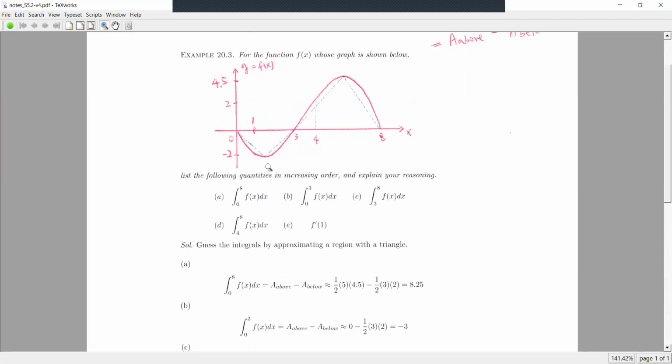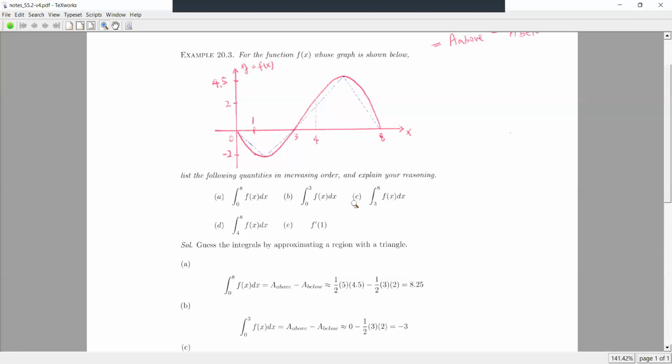A below is this area. I use this triangle to approximate it. So A below is roughly this number. So 0 minus this number is -3. So roughly, this integral is -3.